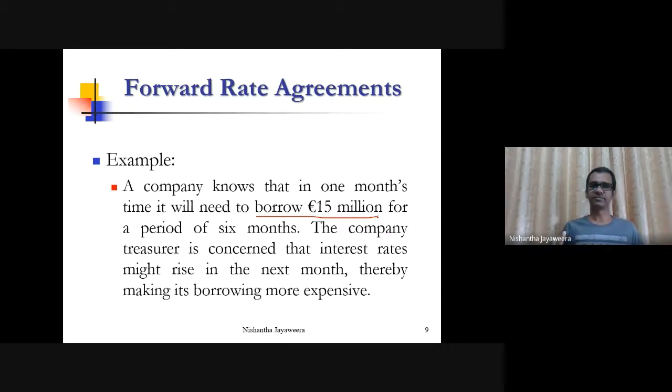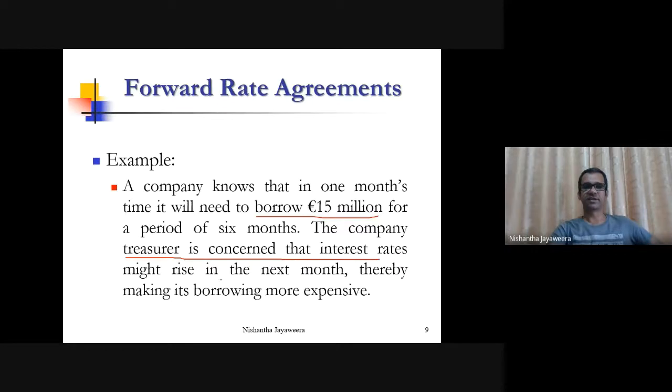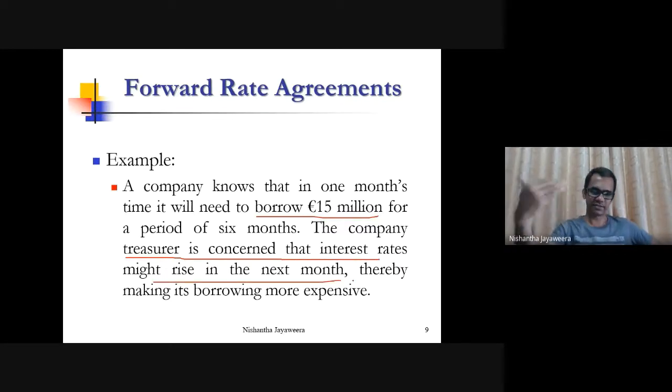So the risk for the borrower is future increased interest rates. That's exactly the same concern that Treasury has. Treasury is concerned the interest rate might rise in the next month. So if you wait until 1 month period, if the interest rate goes up, you have to borrow at a higher rate.